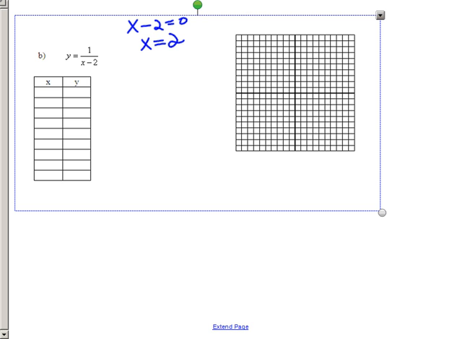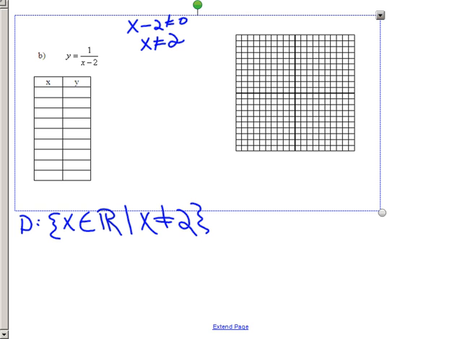You can say right away, the denominator cannot equal 0, therefore x cannot be 2. That is the domain. Every other real number works, but 2 will not work. So when we list the domain, we say x is an element of all real numbers such that x cannot be equal to 2.